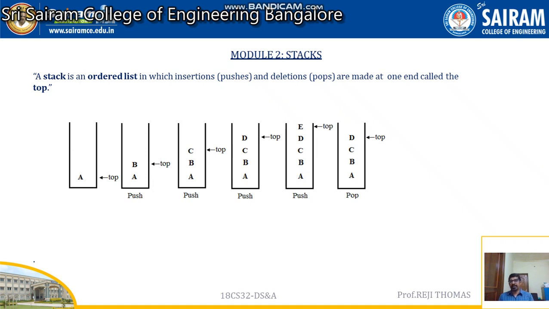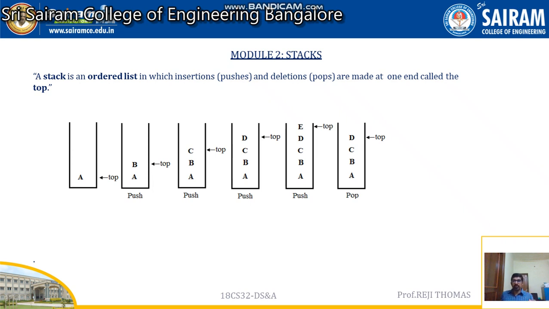Look at the third diagram where we have inserted one more character, C, and there is a change in top. If you go to the next diagram, again we have inserted one more element, which is D, and even there is a change with the variable top. Look at the second last diagram, where we have successfully inserted 5 elements. And look at the top.